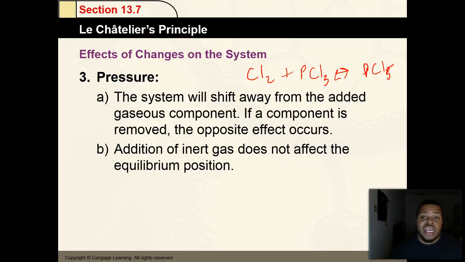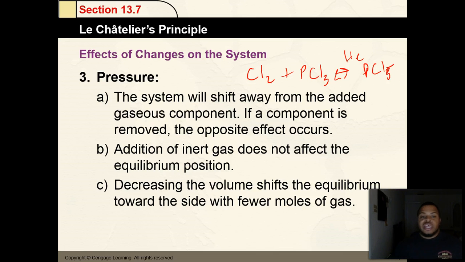Now, if I add in an inert gas, it doesn't affect the equilibrium position at all. If I add in a noble gas, say helium, nothing changes about how the reaction proceeds. It doesn't affect the reaction, the equilibrium position or constant.